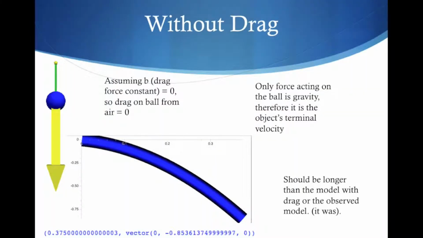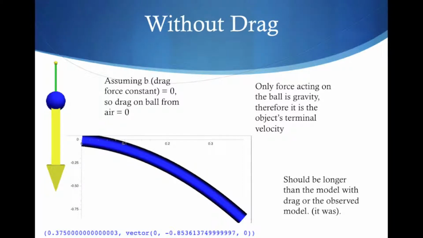So this is what the model looks like without drag. This was just gravity acting on the ball. So we're assuming that the drag constant, which is b, is 0. So there was no drag acting on the ball, and the only force acting on it was gravity. So when it's falling, it's actually reaching its terminal velocity.